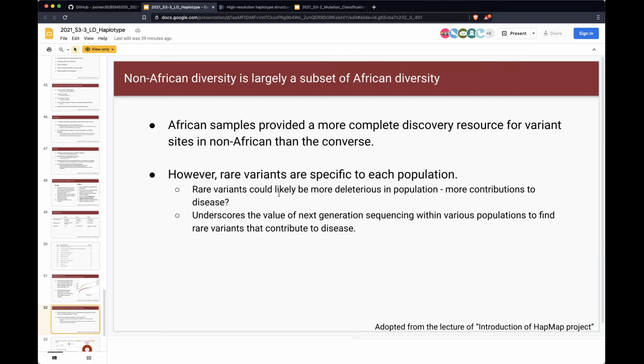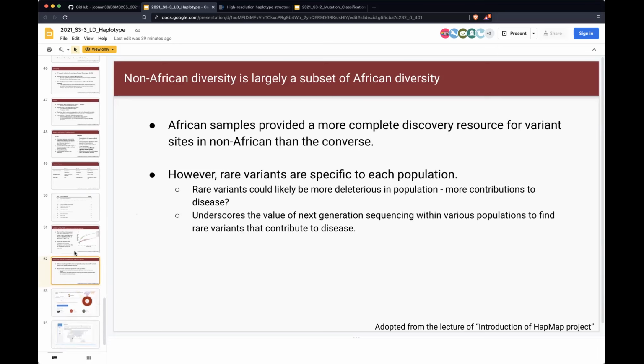So it also gives you the implication of why we sample more people in the studies, and why we care about the larger sample size in genomic information. So that was the one indication. And after this HapMap project, people did the 1000 Genomes Project, the gnomAD project, and other projects, and we see a much deeper and wider spectrum of the allele frequency in a genomic data set.